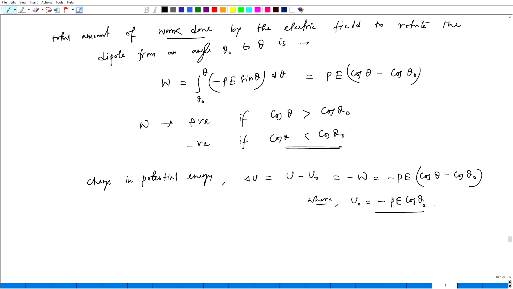This is the potential energy at the reference point, and this is the potential energy at the final point where the angle is theta.